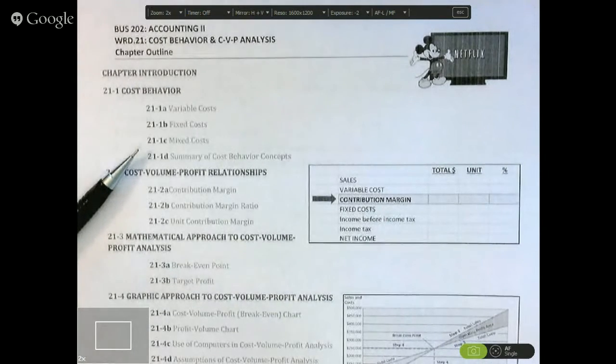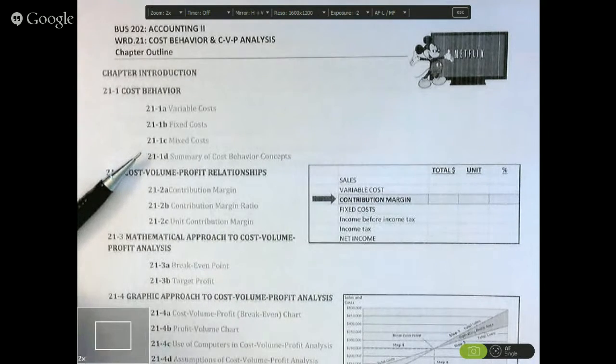But if you go over that data usage limit, you are charged additional cost per minute. That is known as a mixed cost. The fixed cost portion represents the usage up to the certain cap. The variable portion kicks in once you go over that cap and begin incurring charges based on the number of minutes that you use.